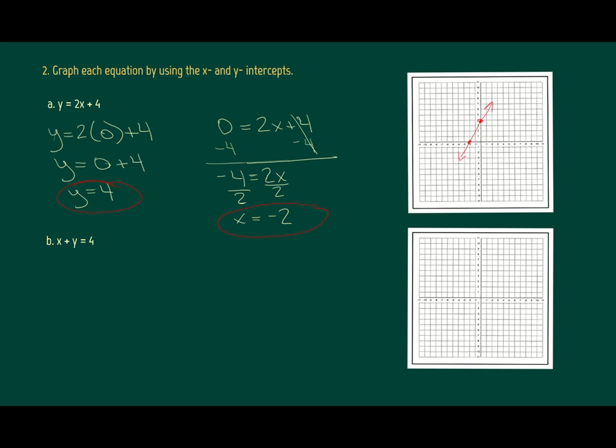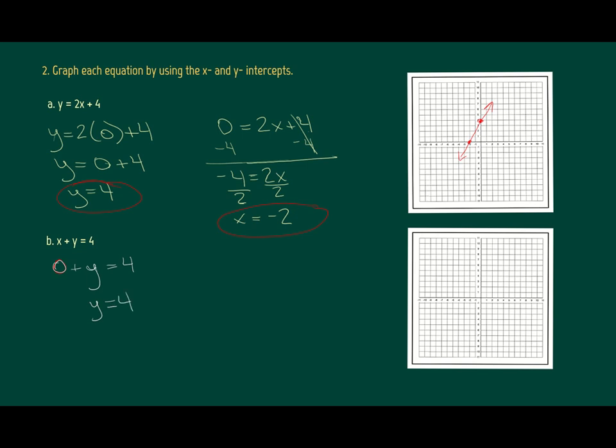All right, now the next one. You've got x plus y equals 4. So if I plug a 0 in for x, 0 plus y equals 4, I'm going to get y equals 4.